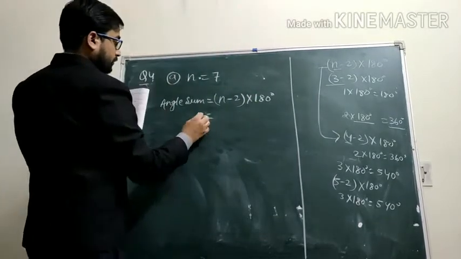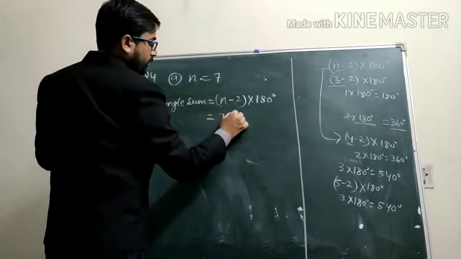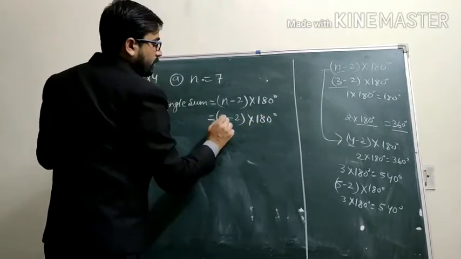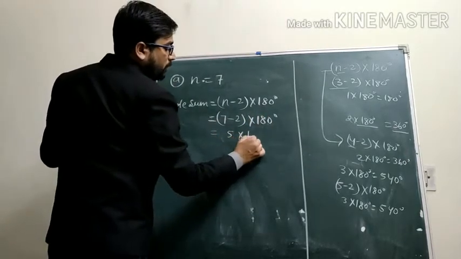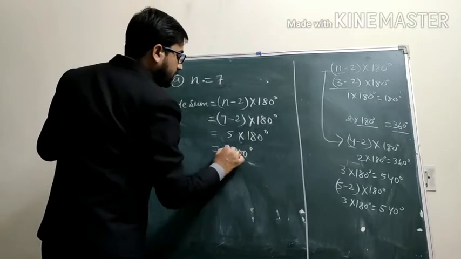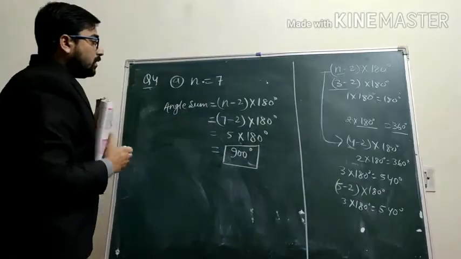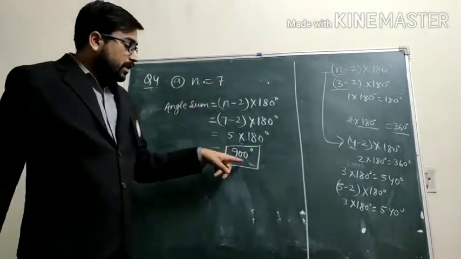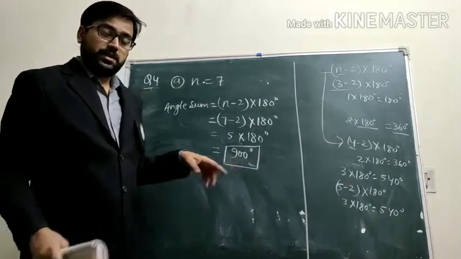Put n equals 7. 7 minus 2 gives 5, 5 into 180 degrees gives 900. That means a polygon with 7 sides has an interior angle sum of 900.